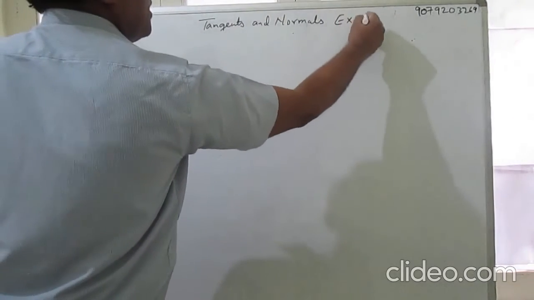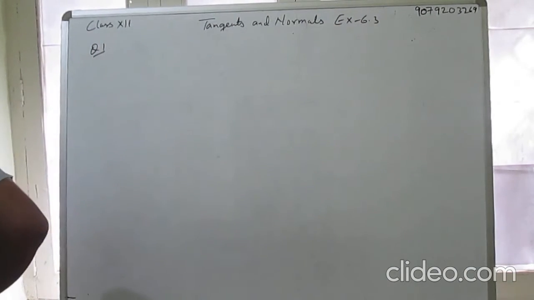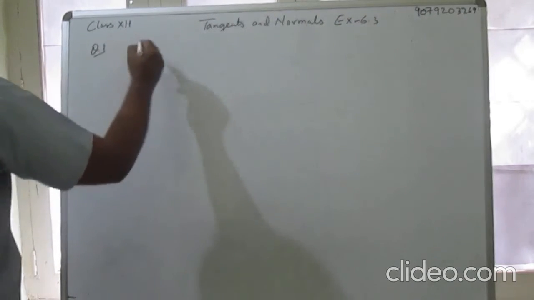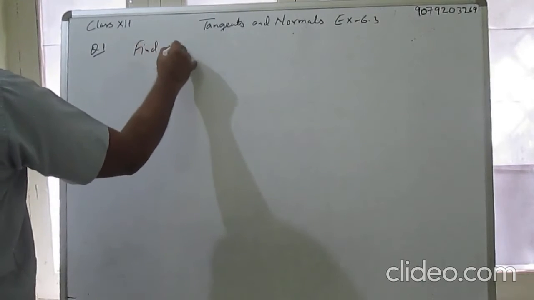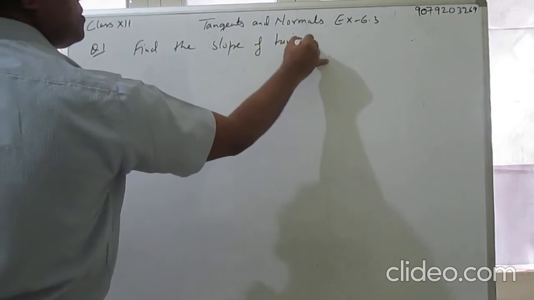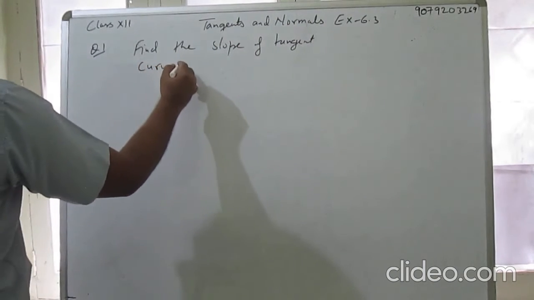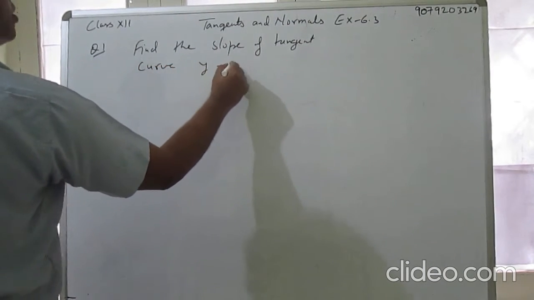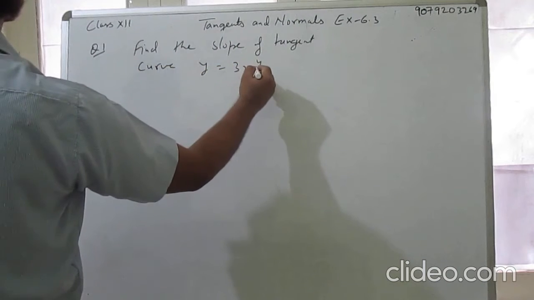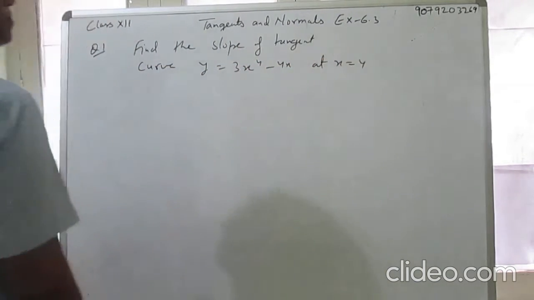Exercise 6.3, question number one. Find the slope of tangent. The curve is given: y is equal to 3x^4 minus 4x at x is equal to 4.